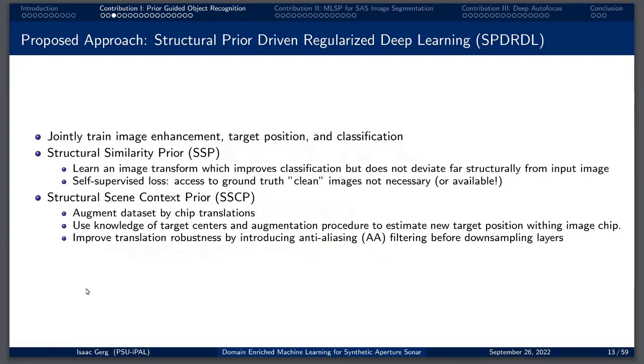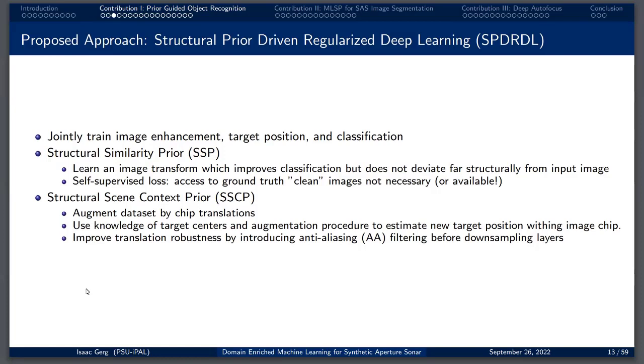So the two priors that I'm going to talk about for this work, the first is the structural similarity prior. The idea here is we want to learn an image transform which is going to improve classification. The transform is going to take the image from one space to another, but we want the structure of that image to be maintained through the transformation. We're going to define a cost function to preserve that.